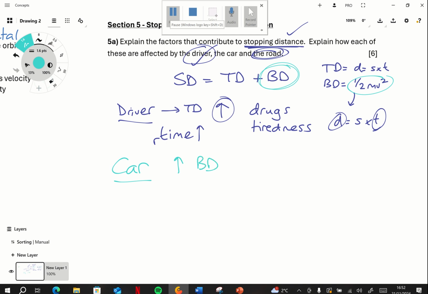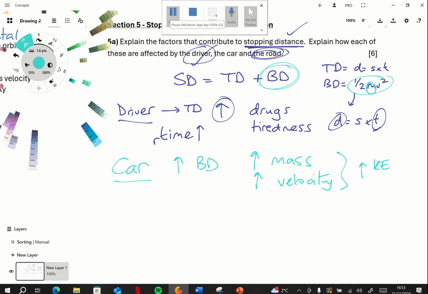I could increase the braking distance through the following things. I could increase the mass of the car. That's that part there, that mass. I could increase the velocity of the car. Why? Because increasing any one of those things will increase the kinetic energy of the car. That will increase the braking distance. So that's that part done.